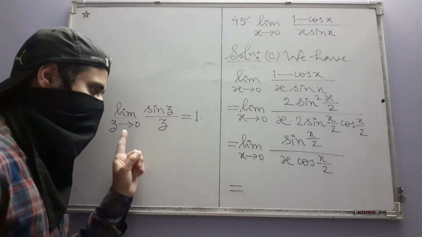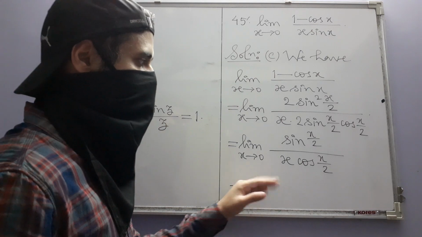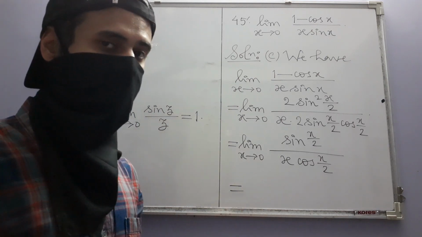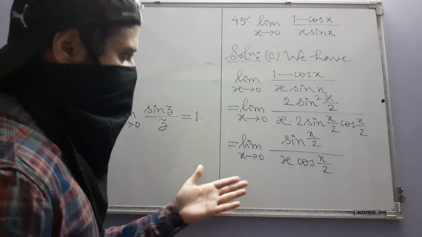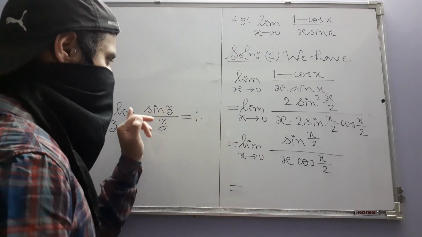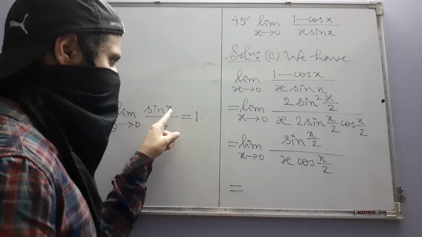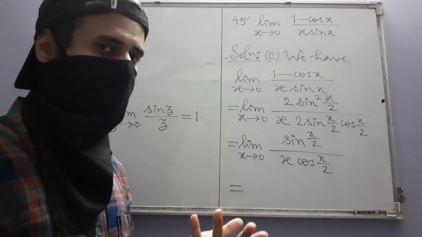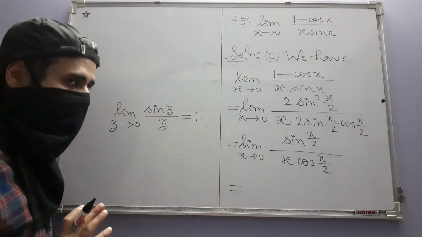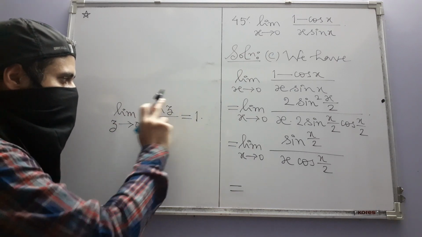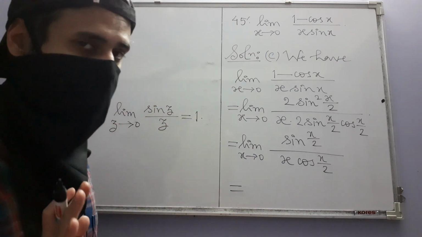This is the limit which we will use to prove that the derivative of sin x is cos x, and that fact depends on this limit, and this limit itself holds only when z is in radian, when sin z means sin z radian and not sin z degree.